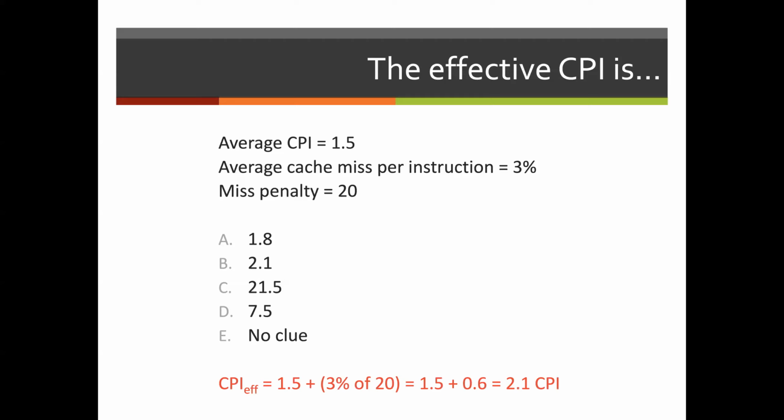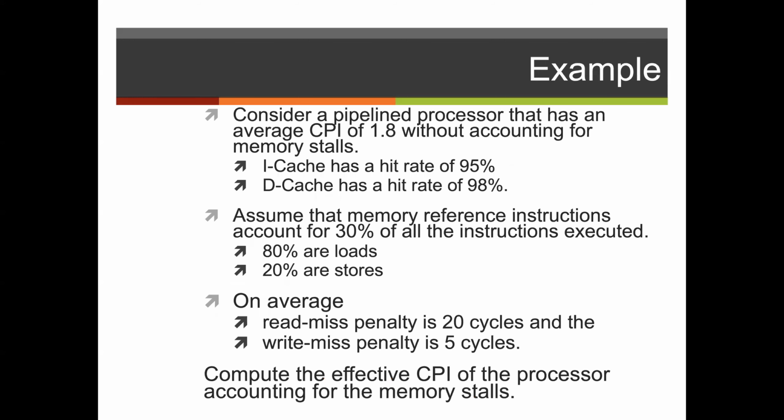Now let's consider another example. Let's consider that we have a pipelined processor that has an average CPI of 1.8 without accounting for memory stalls. The instruction cache has a hit rate of 95%. The data cache has a hit rate of 98%.